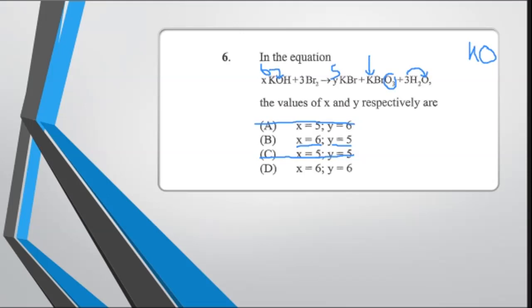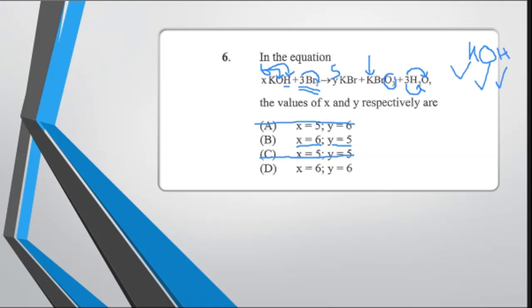So that leaves us now with hydrogen. Here I have 6 hydrogen. On the opposite side, I have 3 by 2 is 6 hydrogen on this side as well. So the hydrogen is already balancing off as well. So potassium balances out, oxygen balances out, hydrogen balances out. So that leaves us now with bromine. I have 3 Br2, so that's 3 by 2.